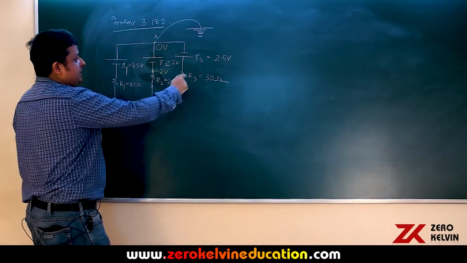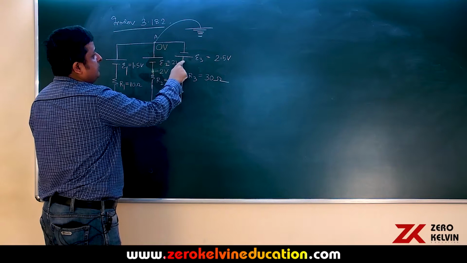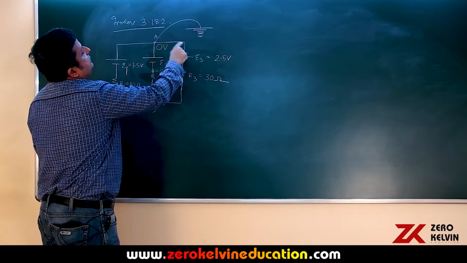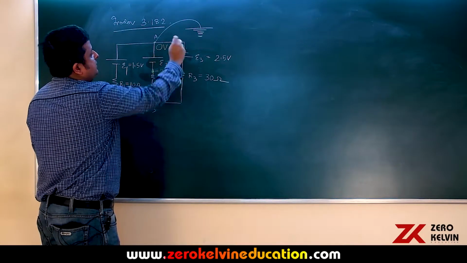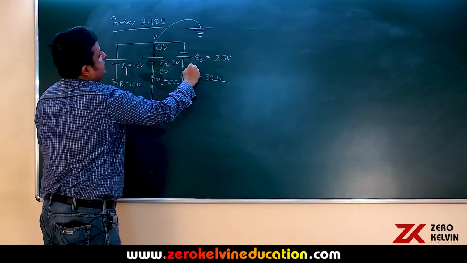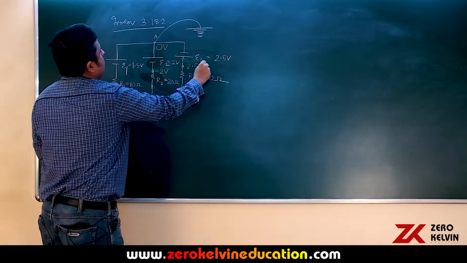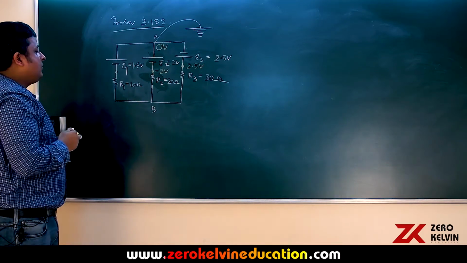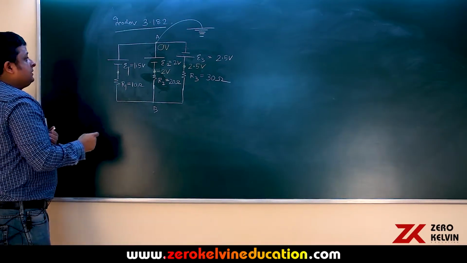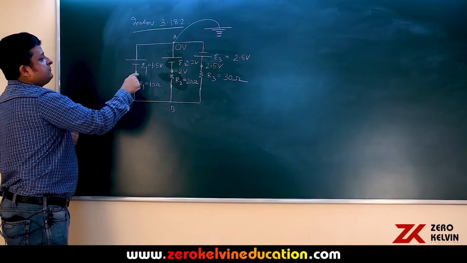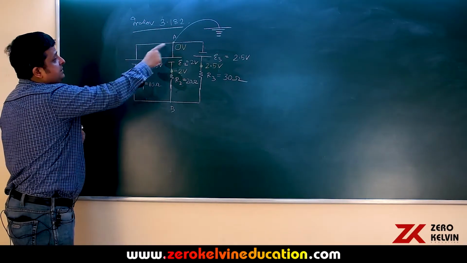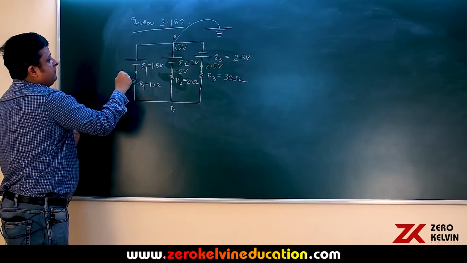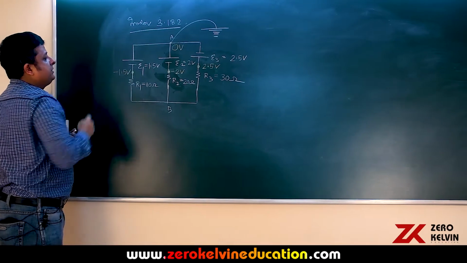In this battery, voltage of this point minus voltage of this point happens to be 2.5 volt, so the voltage of this point is 2.5 volt. And here also this is a battery of EMF 1.5 volt. This point is having 0 voltage, so this will have voltage of minus 1.5 volt.